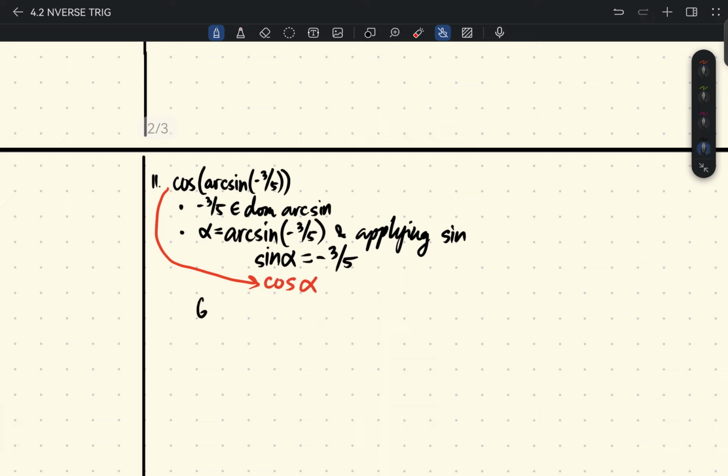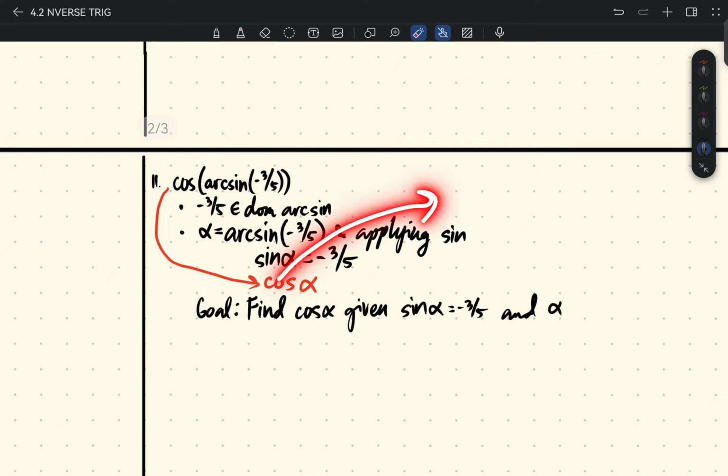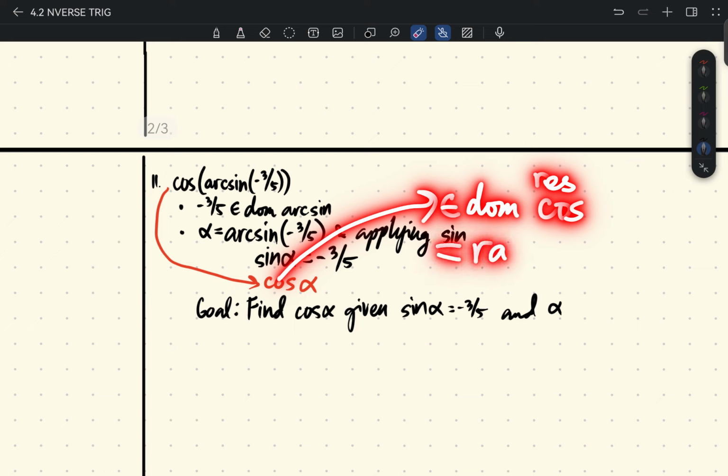And so our goal is to find cosine alpha given sine alpha equals negative 3/5, and take note what's the alpha that we are considering right now.